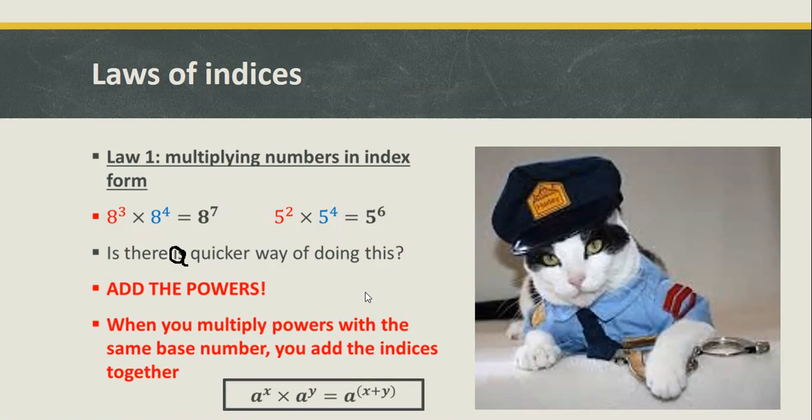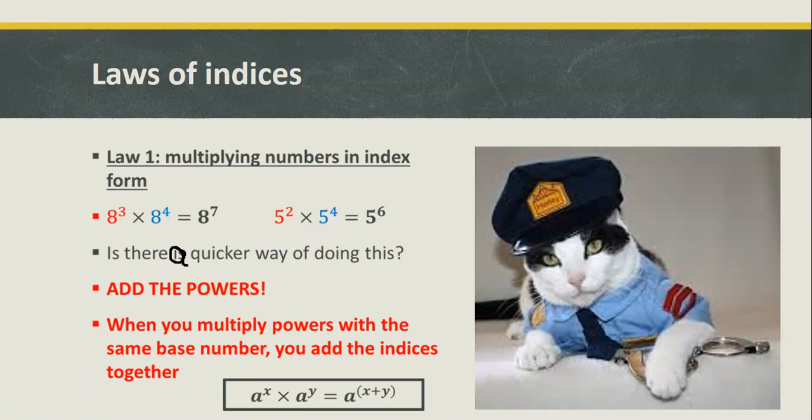The quicker way of doing this is to add the powers. When you multiply powers with the same base number, you add the indices together. That is, a raised to the power of x multiplied by a raised to the power of y is the same thing as a raised to the power of (x plus y).